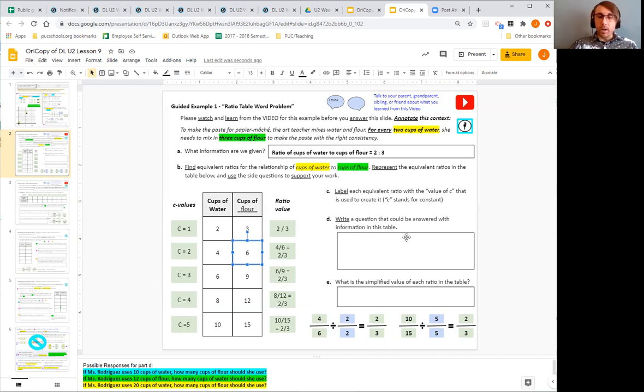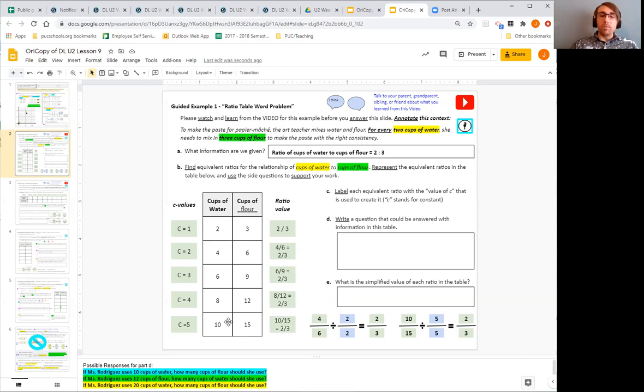Next, write a question that could be answered with this information. All right, so one of the things about ratio tape diagrams, or tables in this case, is the goal is not to create them, but to use them. They are tools to help us to solve problems. And so I want us to think about some different questions that someone might ask based off of having to create this table and using it to solve.